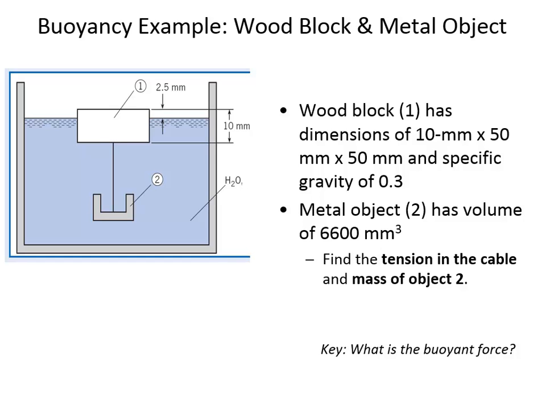So that's why we have to multiply it by 9810 newtons per cubic meter, because when we've multiplied 9810 by 0.3, that gives us the unit weight of the block, and then multiply it by the volume of the block, which was 10 millimeters by 50 millimeters by 50 millimeters divided by 10 to the 9th cubic millimeters per cubic meter. Okay, from that we get that the weight of the block is 0.0736 newtons.